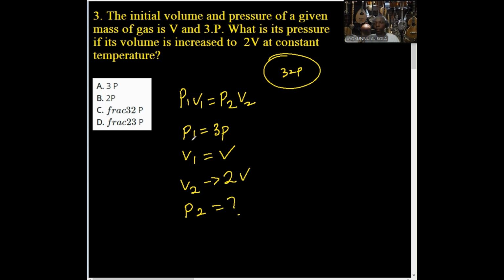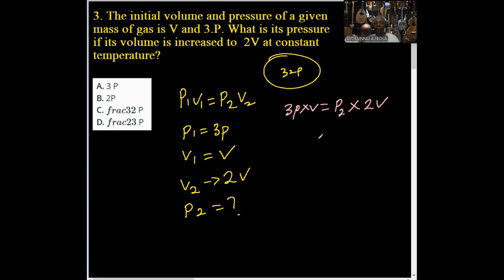So P1 is 3P. 3P times V1, which is V, equals P2, that I'm looking for, times V2, which is 2V.